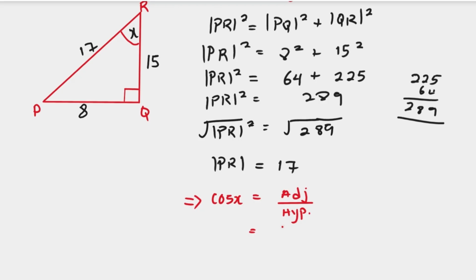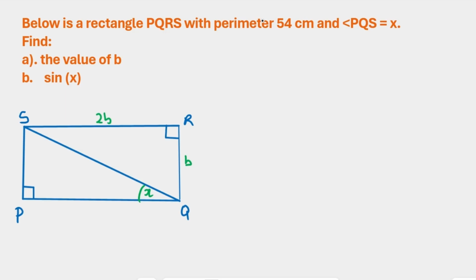So you have 15 out of hypotenuse, which we just got to be 17. So the cosine of x is equal to 15 out of 17. We can't simplify 15 out of 17, so we just leave it as this. So that is how we can find the cosine of x.